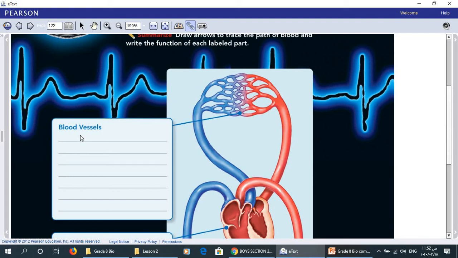Blood and body cells exchange needed materials and wastes here.